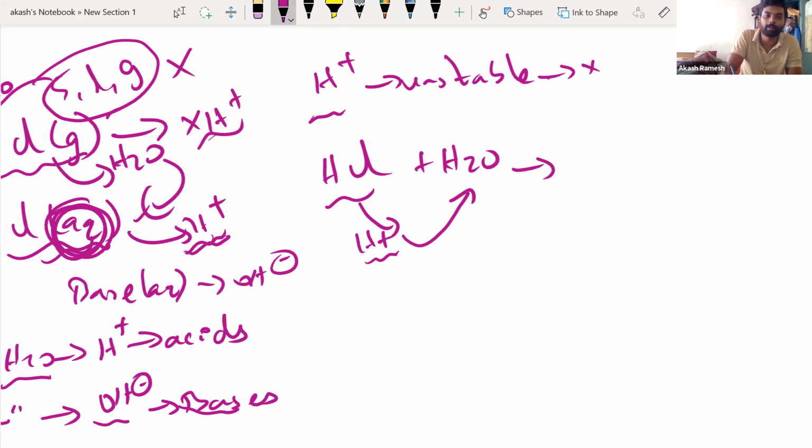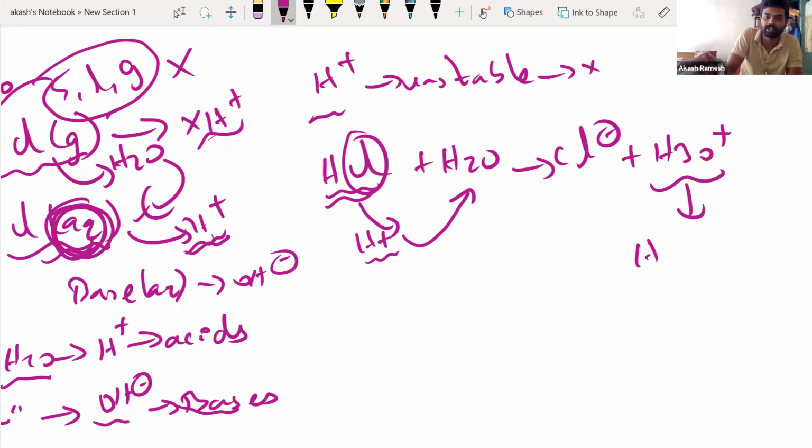Remember this. Obviously, if I remove H plus from this, only Cl minus is remaining. And H plus attacks H2O to form H3O plus. Very, very important. It's called the hydronium ion.